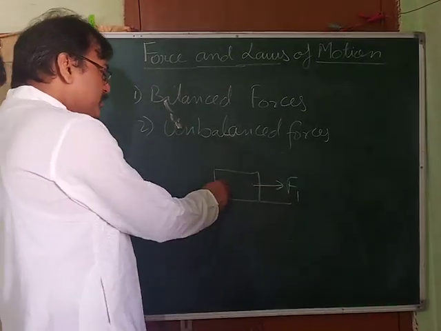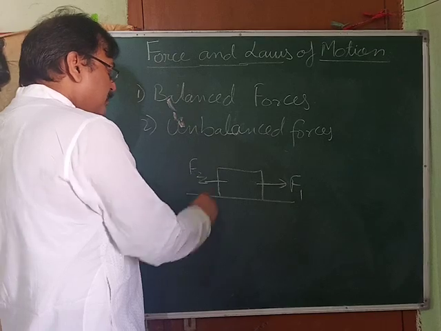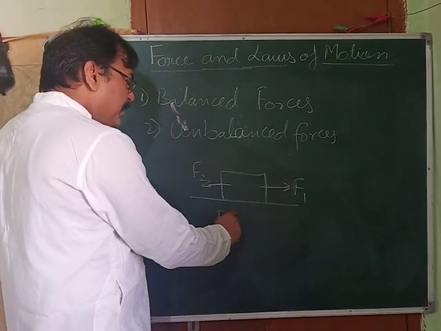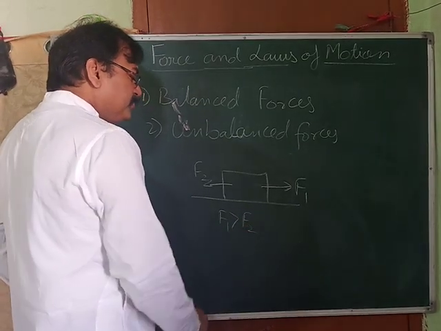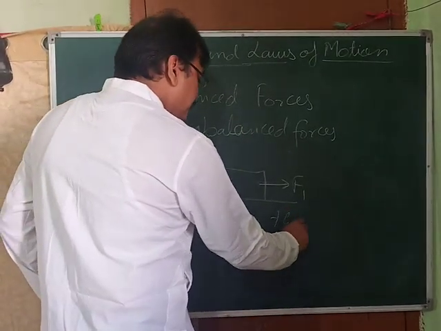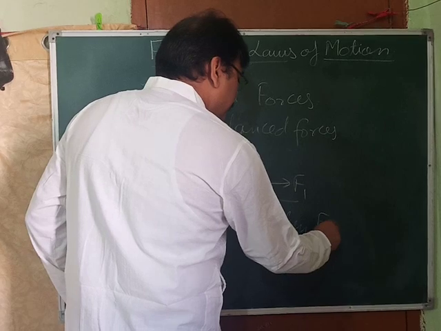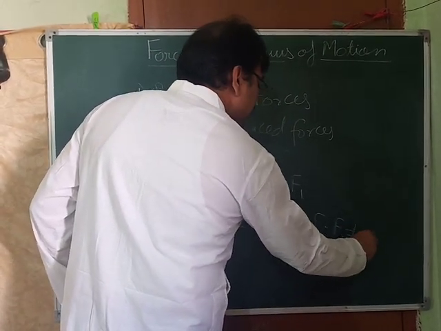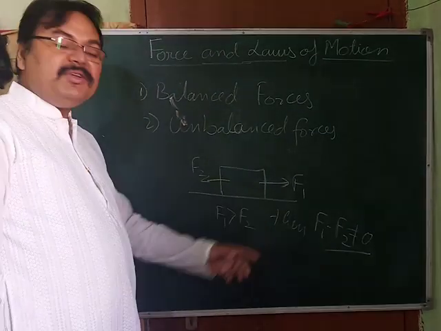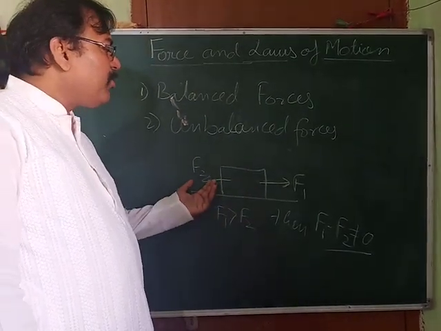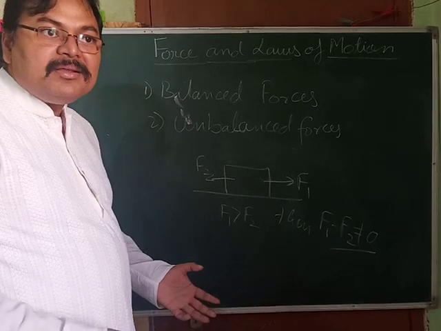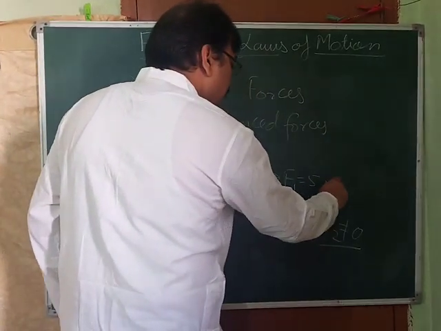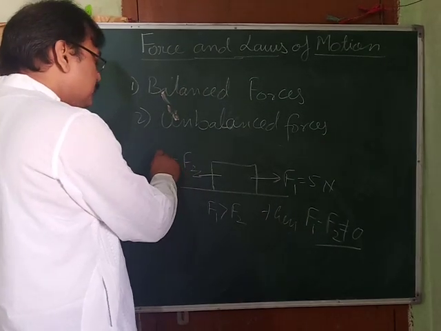Now suppose here F2 force is also acting, such that F1 is greater than F2. Then F1 minus F2 will not be equal to 0. So F2 will not be able to balance F1 completely. Suppose F1 is 5 Newton and F2 is 3 Newton.